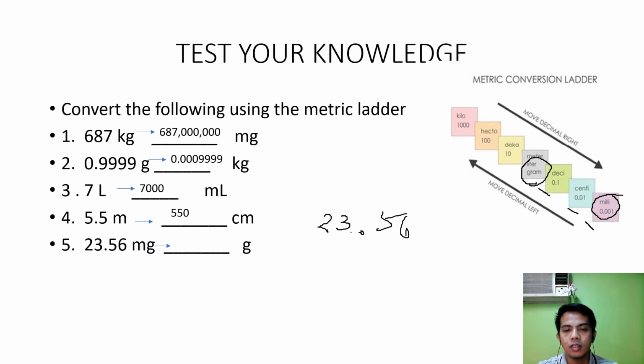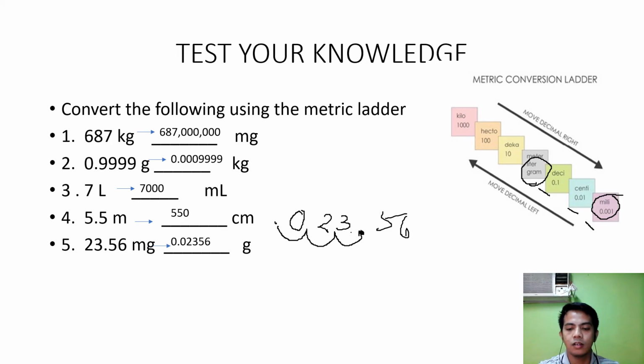So this is the decimal place between 3 and 5. So 1, 2, then 3. So the answer is 0.02356 grams. So I hope you got all perfect score.